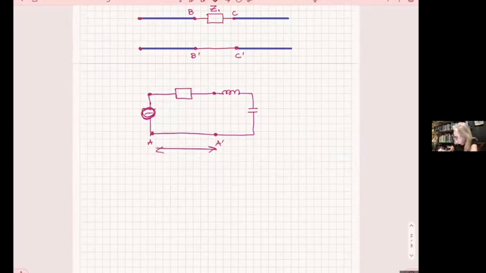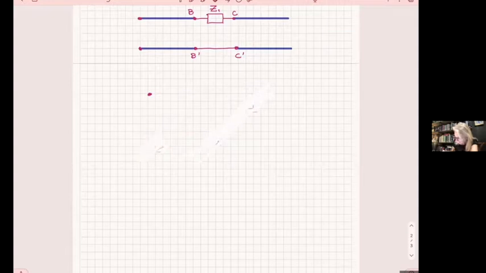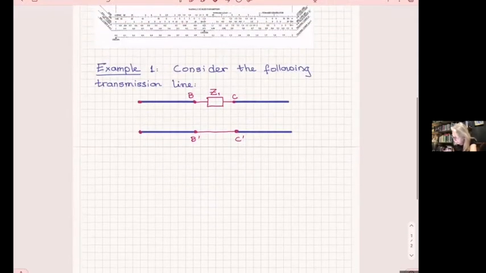Now the same thing applies here. Whenever you see me doing two thick lines, which is a transmission line, and then a thin line, that implies points B prime and C prime have the same potential. The voltage drop between B prime and C prime is 0.